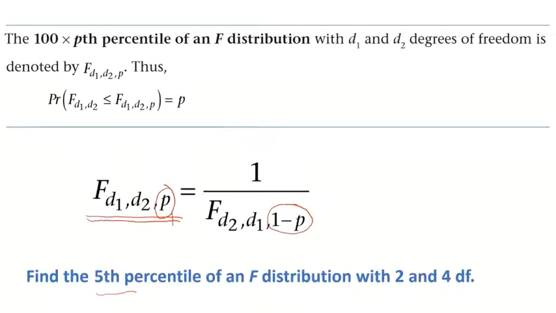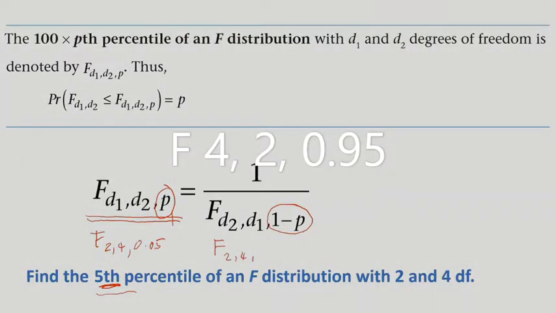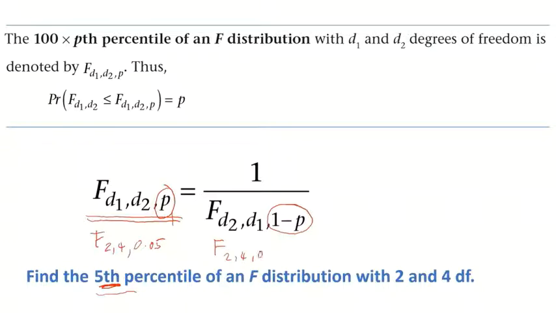percentile. Okay? So instead of F with 2, 4 degrees of freedom and the 0.05 percentile that we see here, 5%, we are now to get the F value with 2 and 4 degrees of freedom and 1 minus 5% or 0.95, okay, or the 95th percentile, and the reciprocal of that.